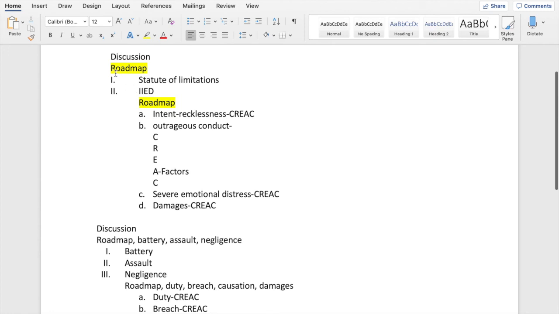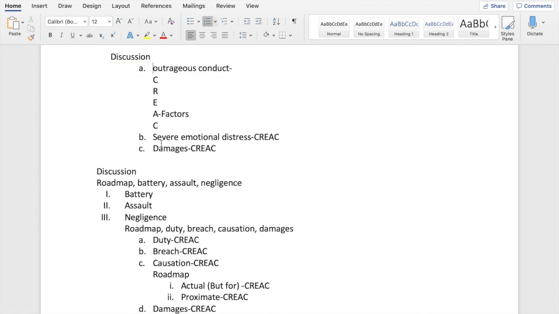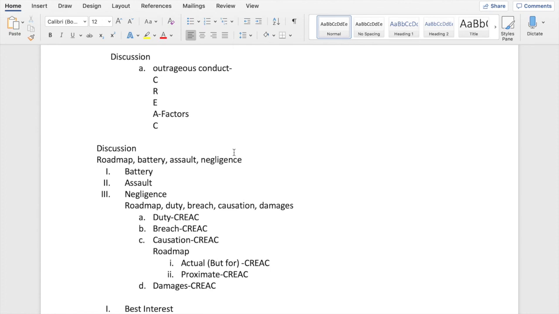Now, remember though, in that assignment that you had, you just had a single issue, and so there was no roadmap because there were no subdivisions. So you roadmap before you subdivide. Anytime you have a subdivision, you roadmap before you subdivide.